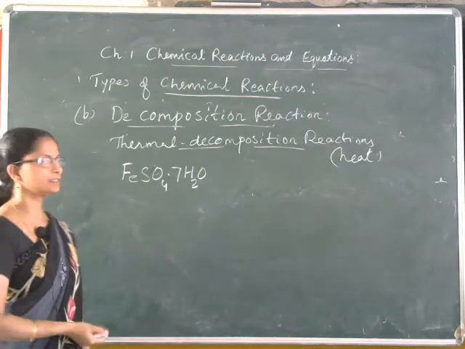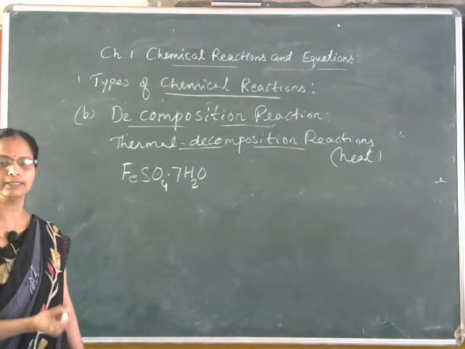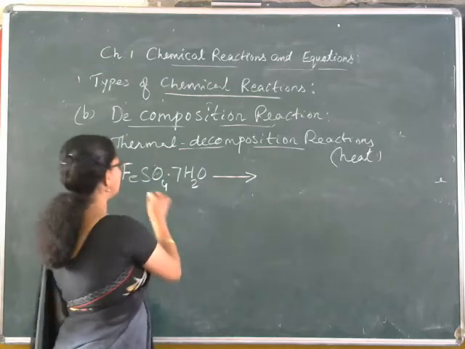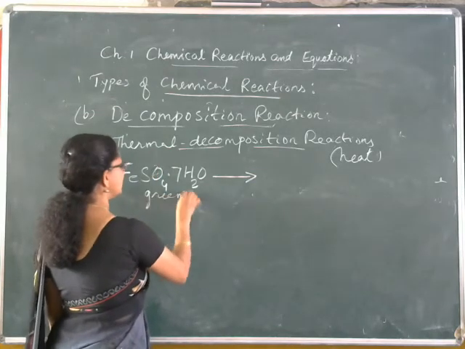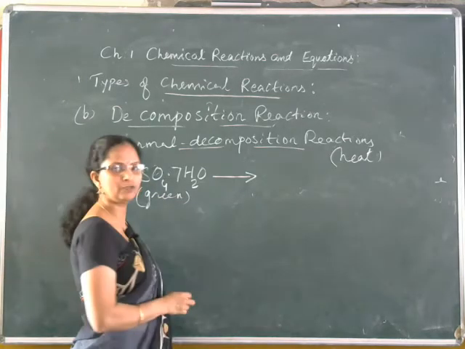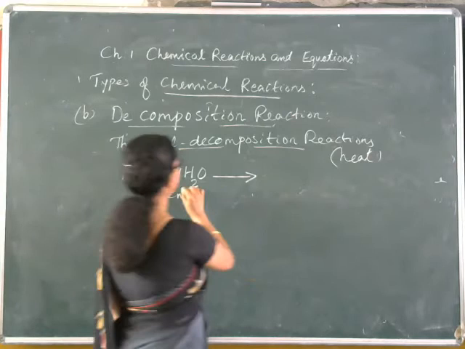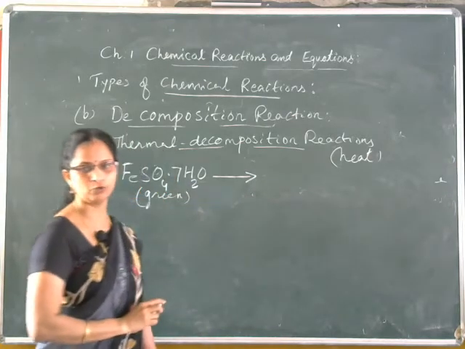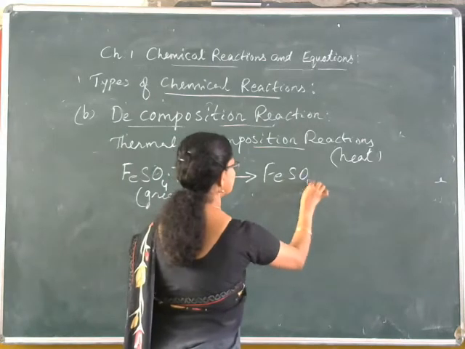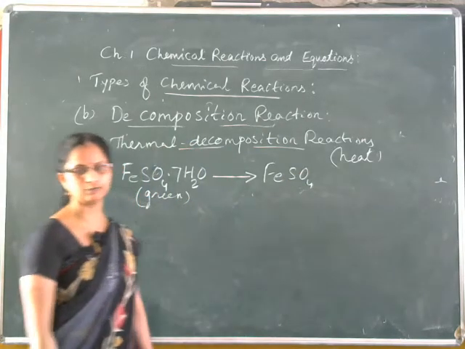If we take these crystals in a test tube and heat slightly, in the first step we can see that the color of the green crystals changes into a dirty white color due to the evaporation of the water molecules. The substance is now anhydrous ferrous sulfate.